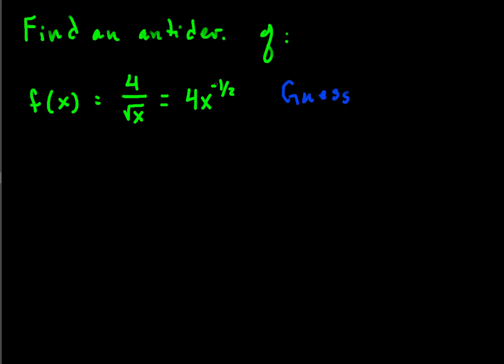We know our power rule: when I take derivatives, the power decreases by 1. So if we're doing antiderivatives, we're going to go backwards. So my first guess would be, let's say f of x is equal to 4 times x. Instead of subtracting 1 as I would in a derivative, I'm going to add 1, and I would get a 1/2.